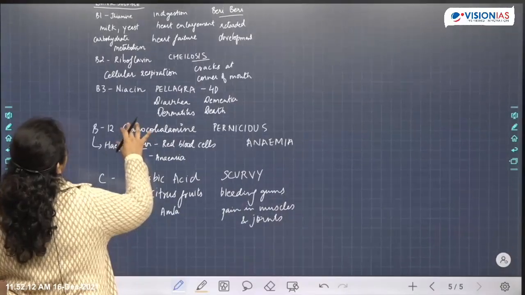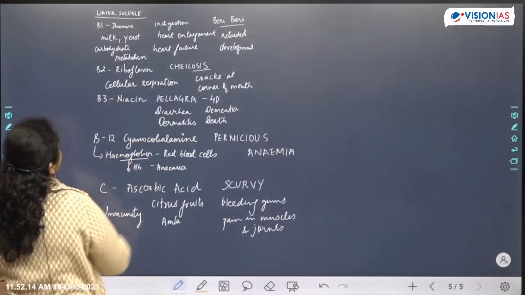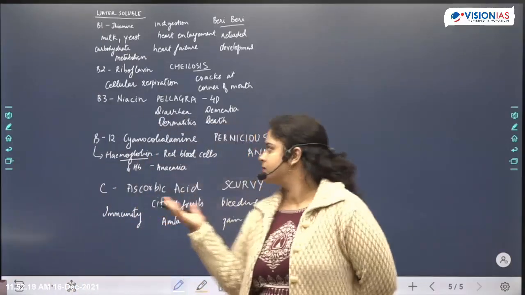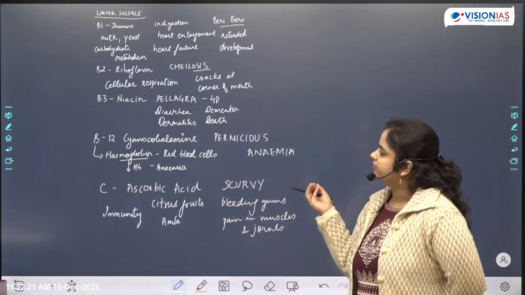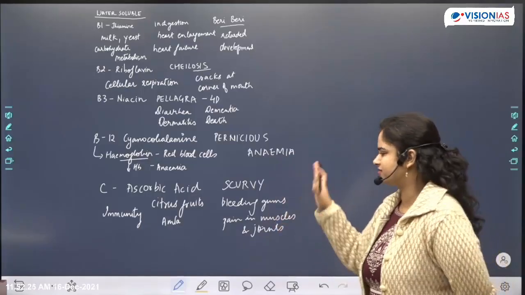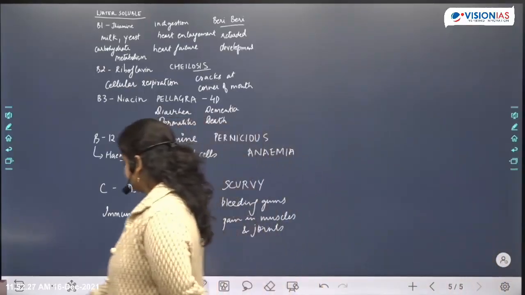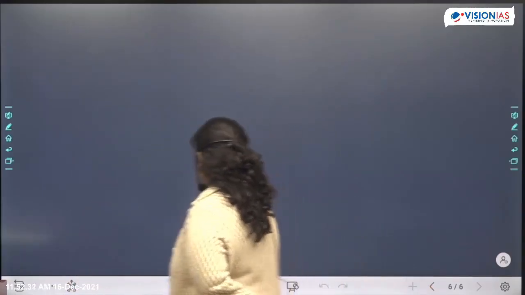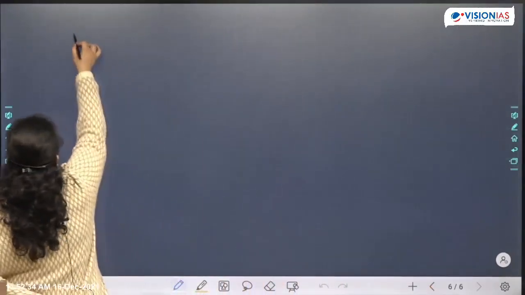Of course, this is not a comprehensive list. So if you want to add more vitamins to it, we have 5, 6 you can add if you want, but this base is also sufficient. We'll go to the fat soluble vitamins now.